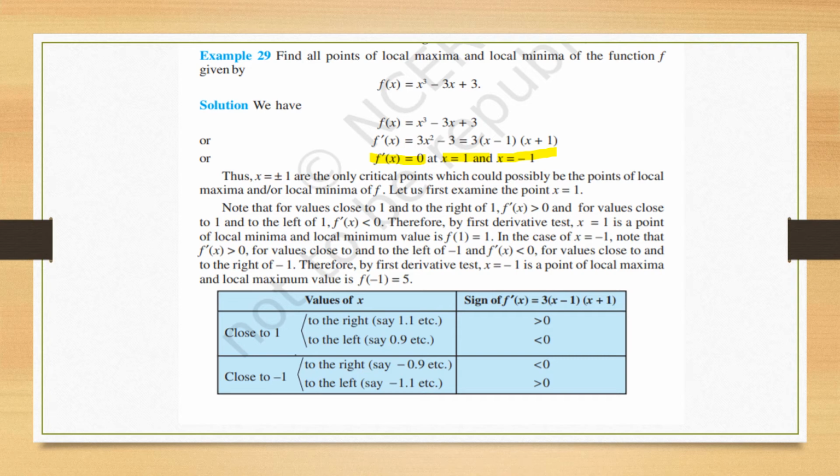Firstly, I'll take the point 1 and check the derivative. Come to this table.